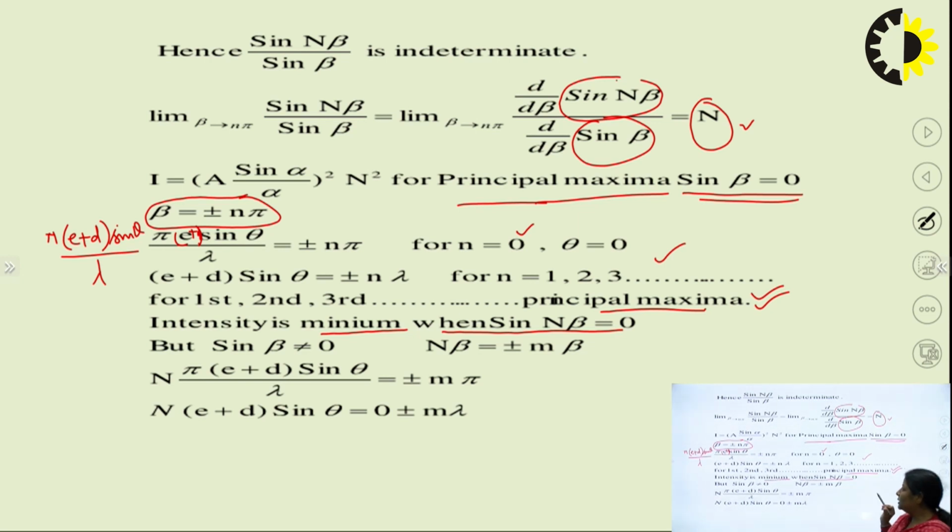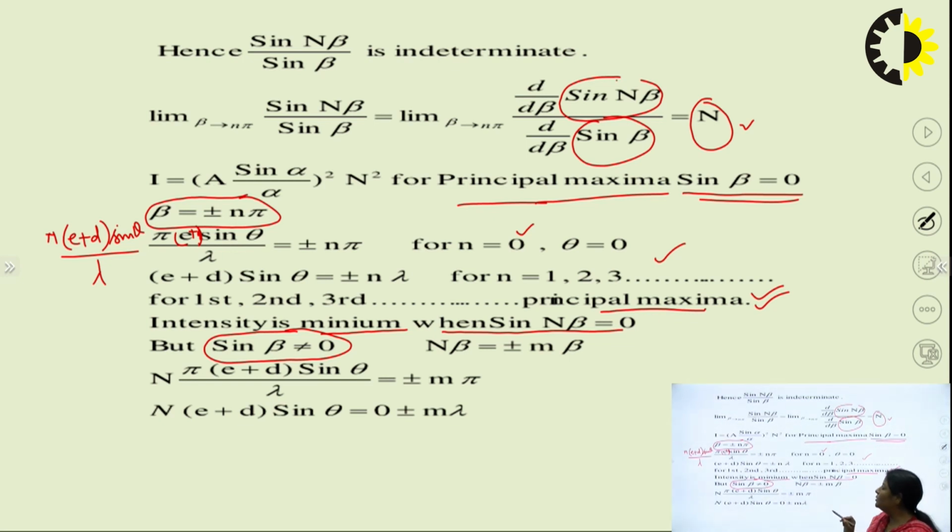But sine n beta is 0, that condition must be fulfilled. But the condition which should also be taken care of is this part. Sine beta cannot be 0. Strictly, this cannot be 0. If this equals 0, everything goes away.